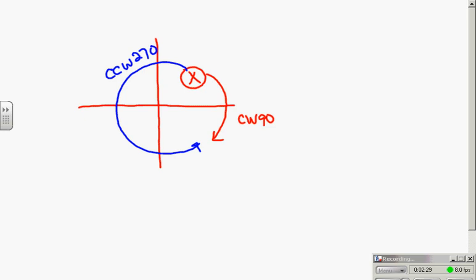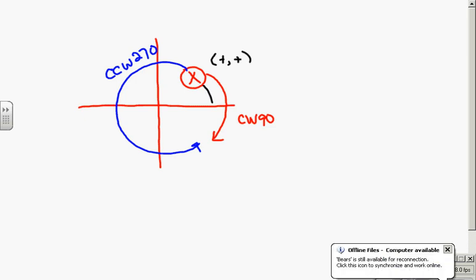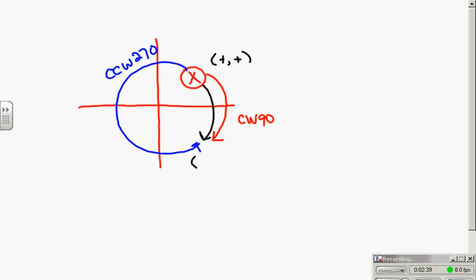The other thing I want you to think about is the fact that common sense, here my ordered pairs are positive, positive. If I rotate 90 degrees down to here, my ordered pairs are positive, negative. So I know that part of my rule is going to be changing that sign. If I rotate it to this location, I know that every ordered pair here is negative, negative.